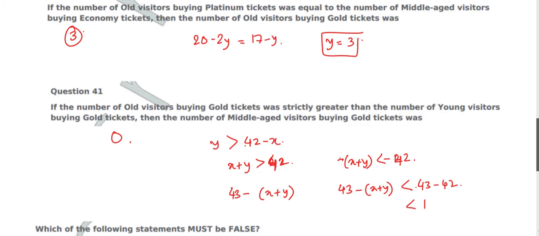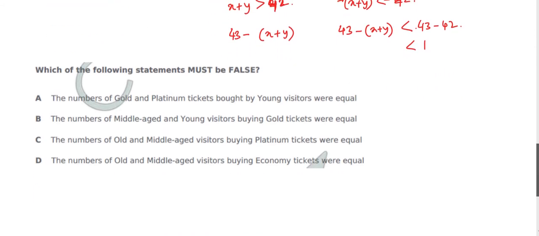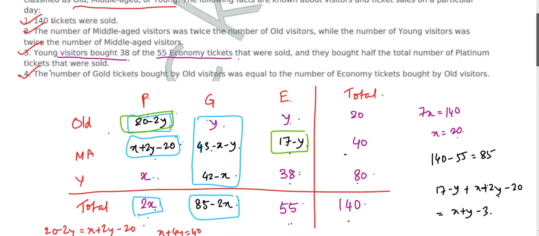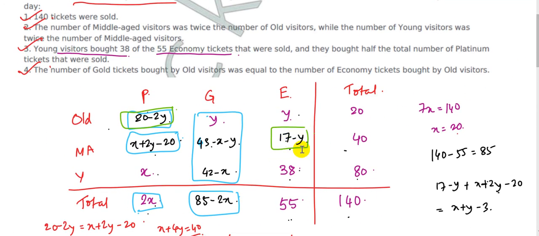And the last case is old and middle-aged visitors buying economy tickets are equal. Y equals 17 minus y. That means 2y equals 17 or y equals 8.5. Now this is not possible because y has to be an integer. The number of tickets bought and sold has to be an integer.